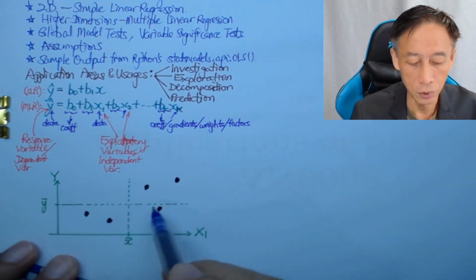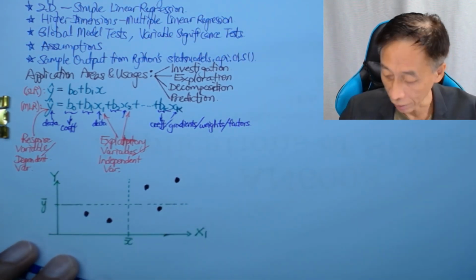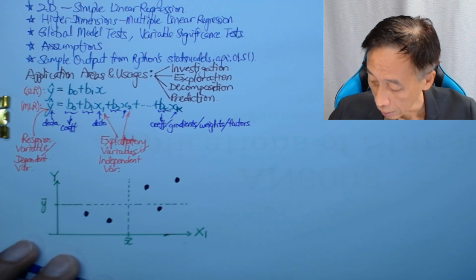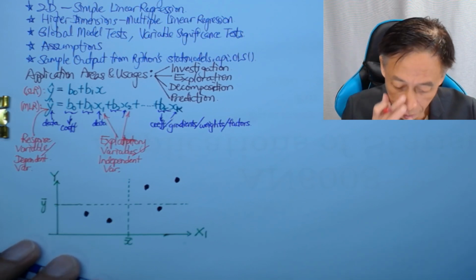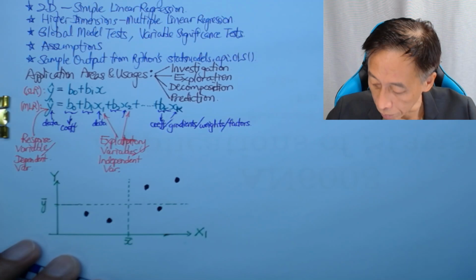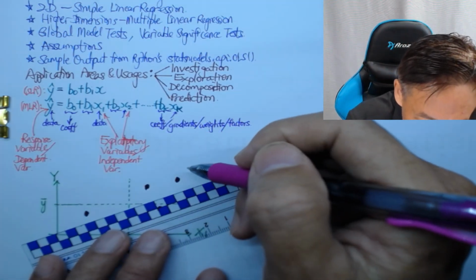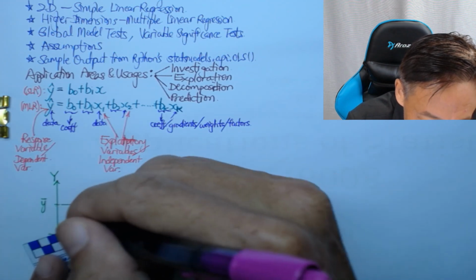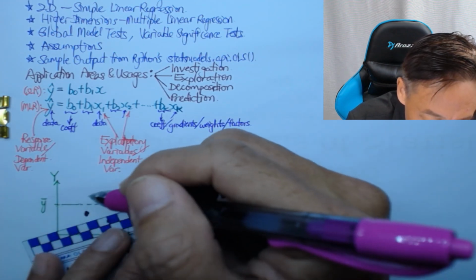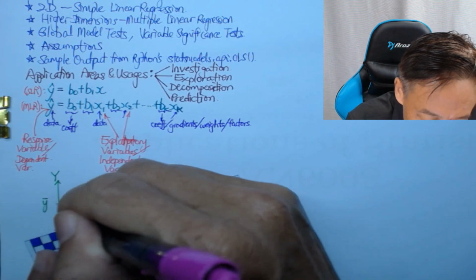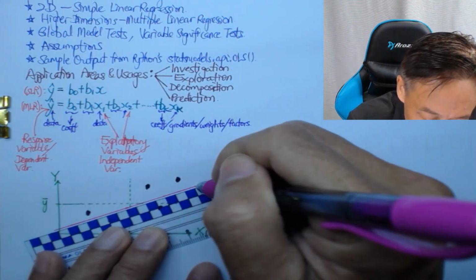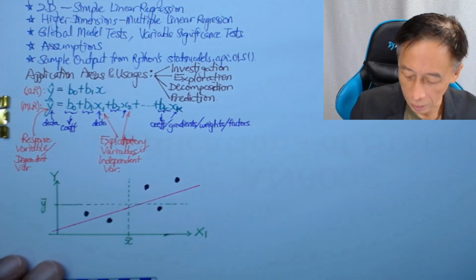Okay, there seems to be some sort of a line right now, yeah? So that's the thing. And we will perform linear regression, so that we will get the least square line. I would want to just put it this way. Okay, so this is the least square line.